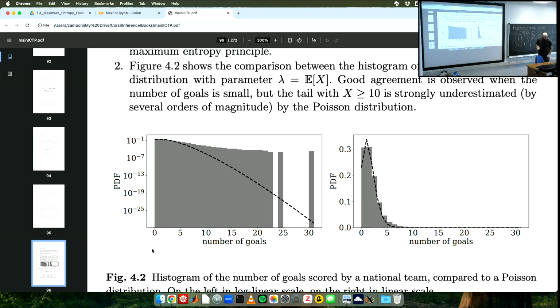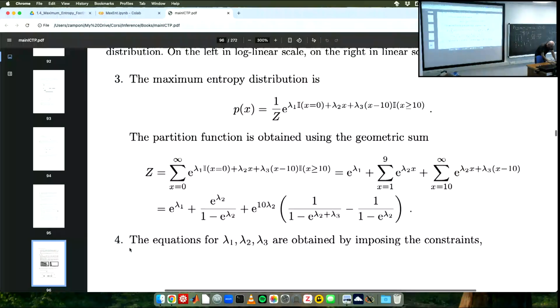So this is the reason why you could think, okay, maybe I can try to add something to describe the tail and the small x. Okay, so if you do that, what is the maximum entropy distribution?